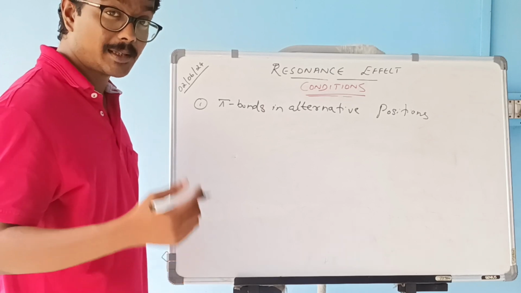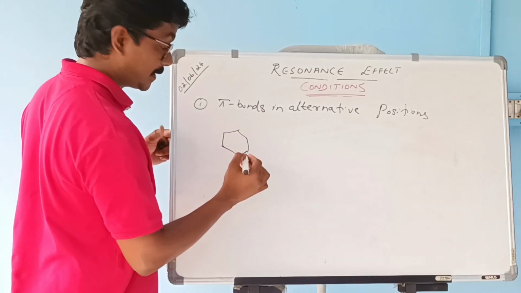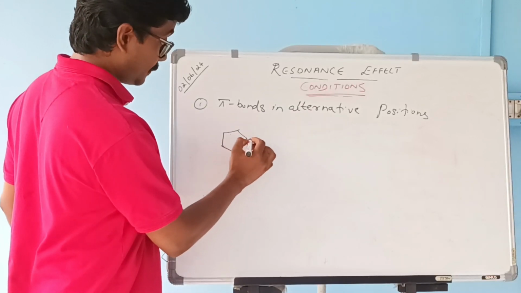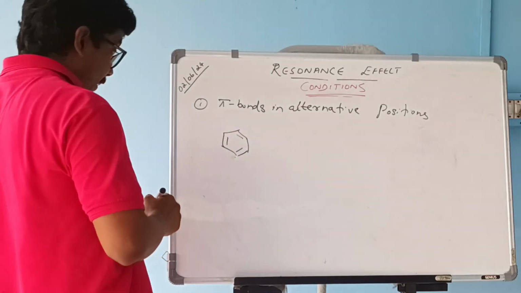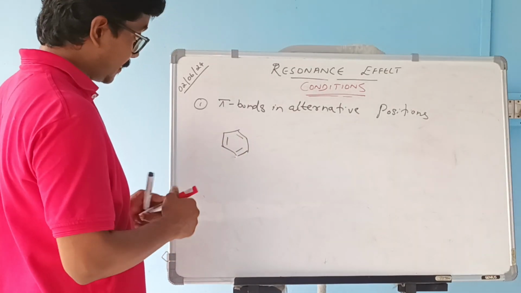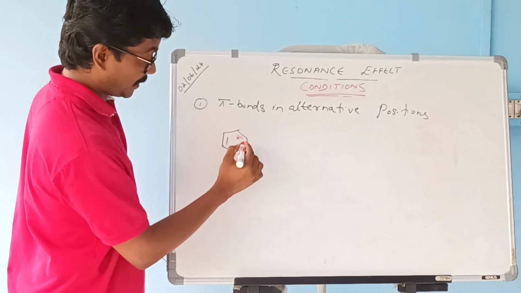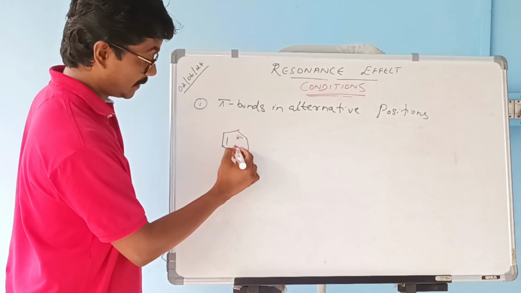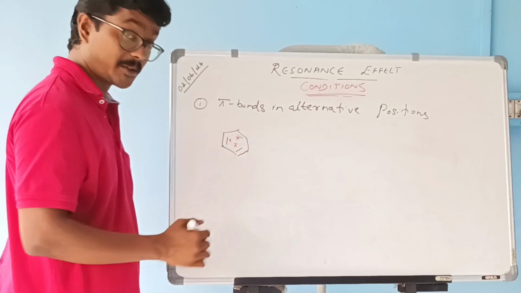The very simple example, which we have already illustrated in the previous part, is benzene. Here in the benzene ring, one pi bond is there and a single bond is there. Again a pi bond and a single bond. Again a pi bond. So pi bonds are in alternative positions.